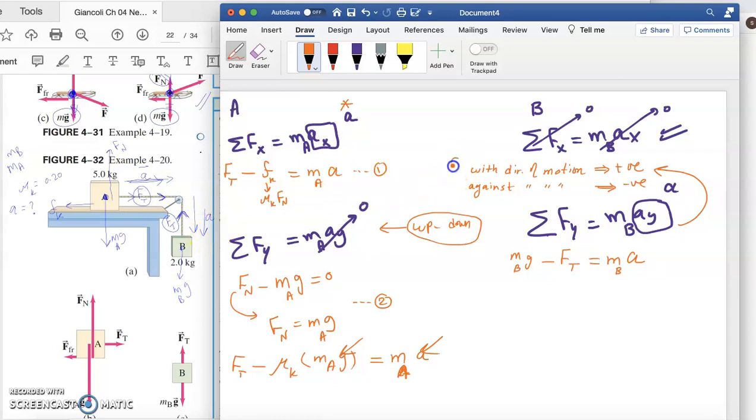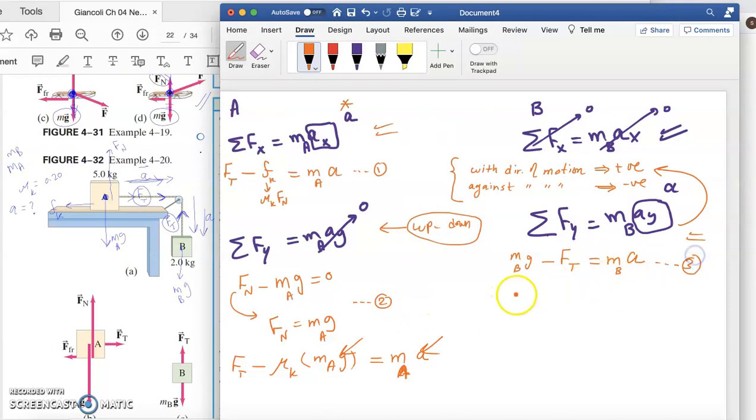For wherever there is motion, whether it is along the x-axis or the y-axis, I am following that with the direction of motion positive, against the direction of motion negative. So you have to follow one, then you will be safe. This came from equation 1 and A. Now we have equation 3.